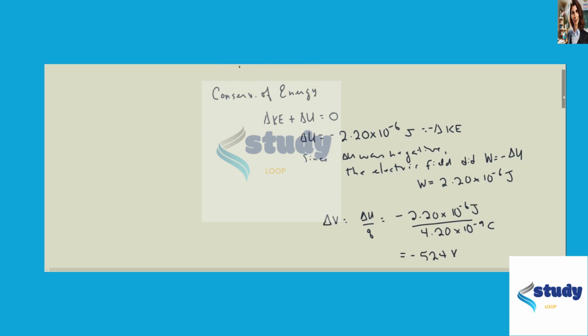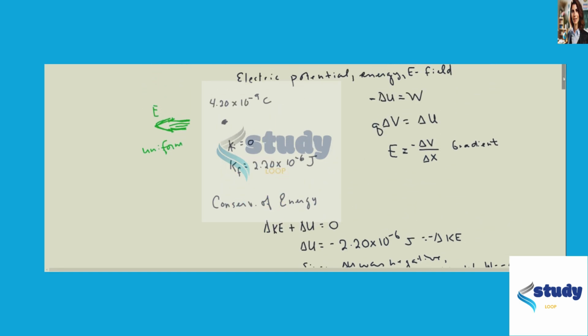And that is minus 524 volts. Okay, so yes, the potential drops in going from a place of positive electric field to lower.